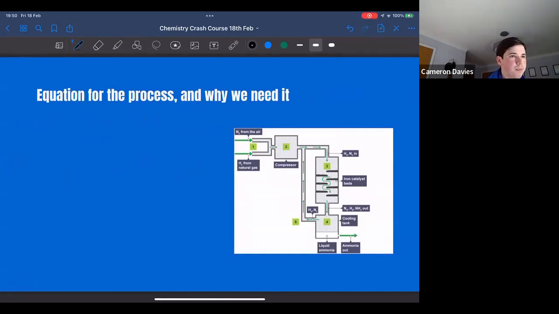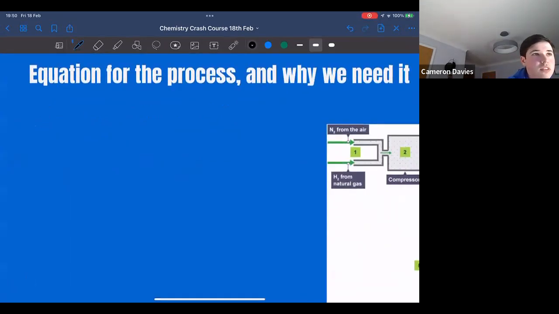So the equation for the Haber process is nitrogen, which is a gas. So we take nitrogen gas, we react it with hydrogen gas, and this produces ammonia.